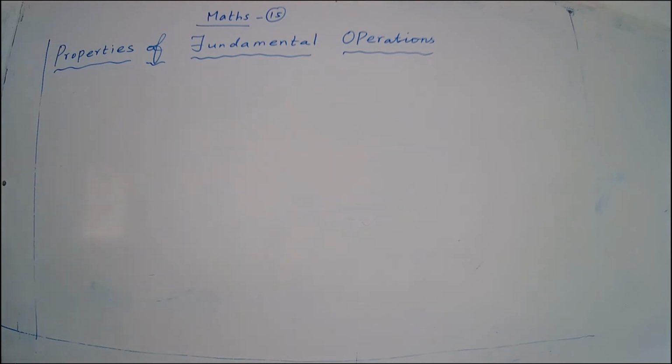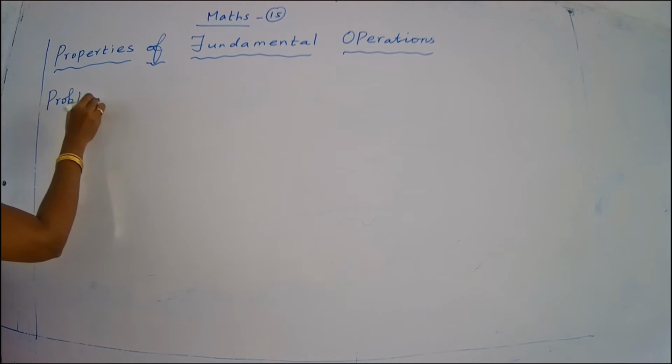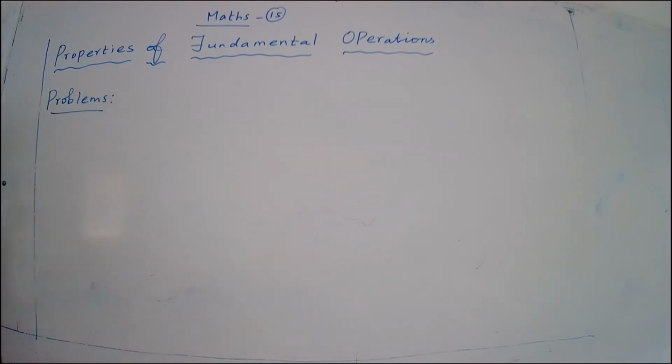Now come to the exercise sums, okay? All of you take your classwork note, write today's day and date. Continue the classwork children, don't leave any page, okay? So the first question, first of all, you write today's day and date and write the heading, properties of fundamental operations.